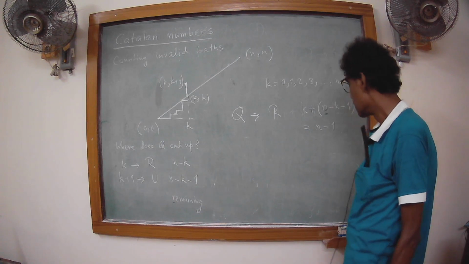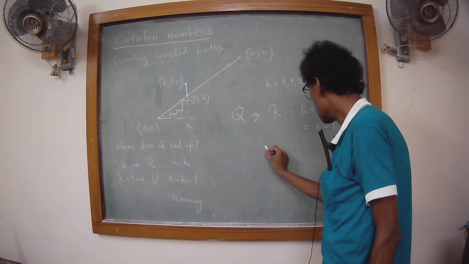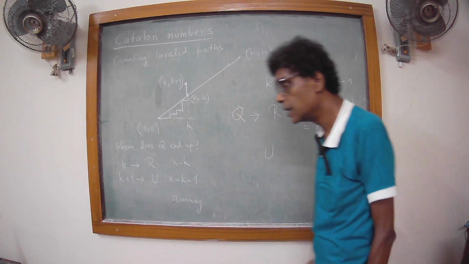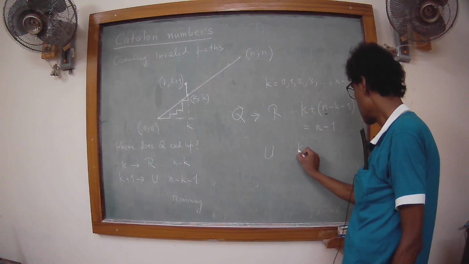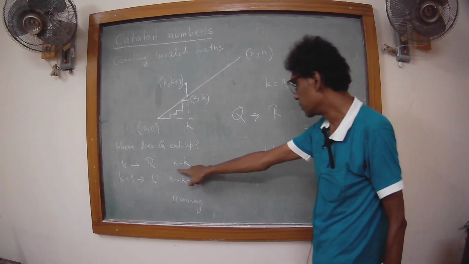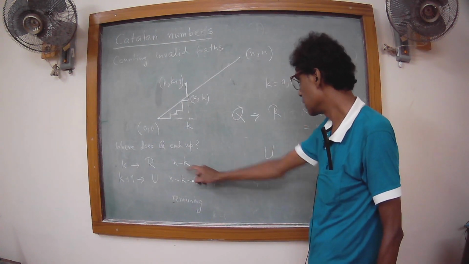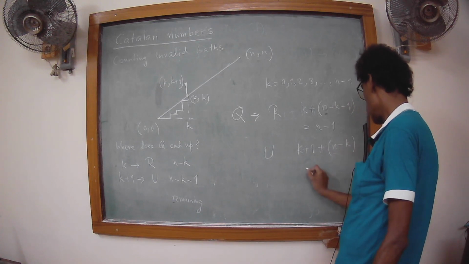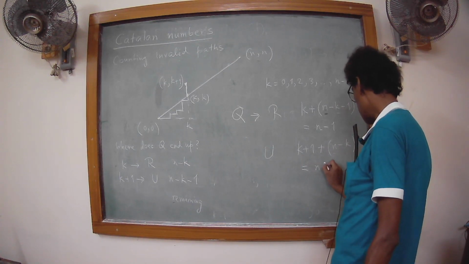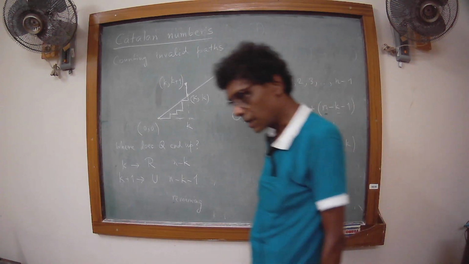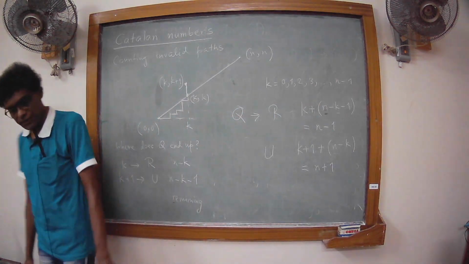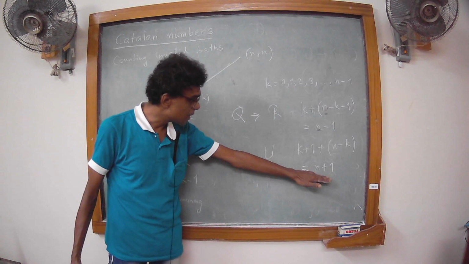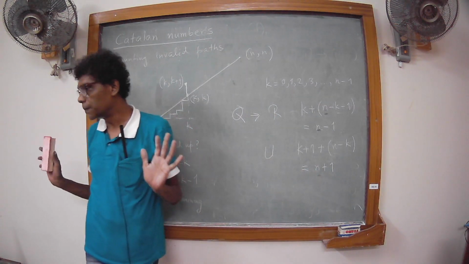Okay. And how many up movements? Up to this it's same as in P, k plus 1. And then it uses the right movements for going up, n minus k. N plus 1. Okay. What is very interesting about this is that this n minus 1 and this n plus 1, these two quantities are independent of k.